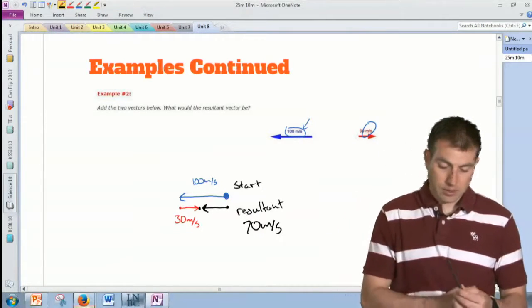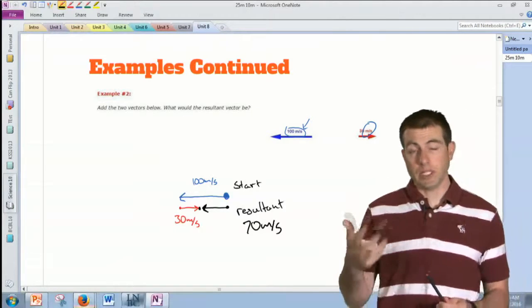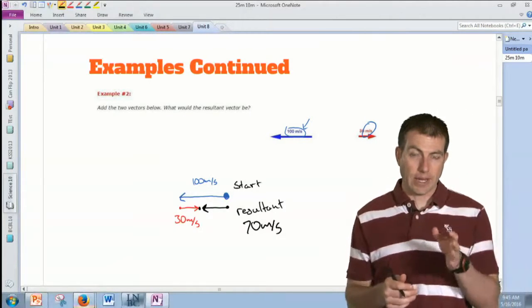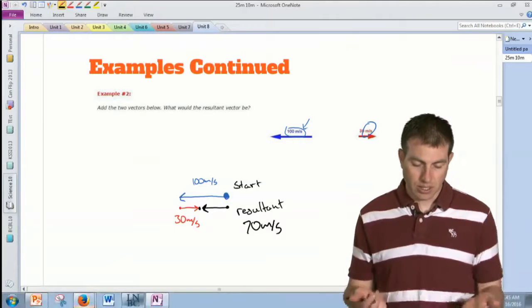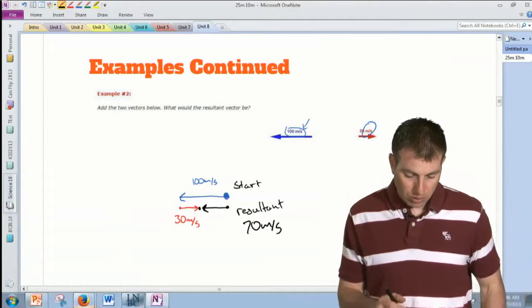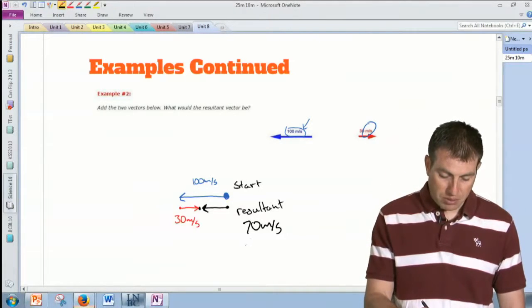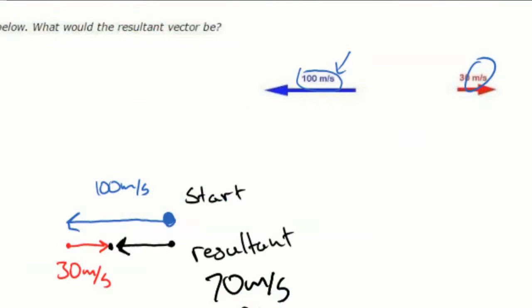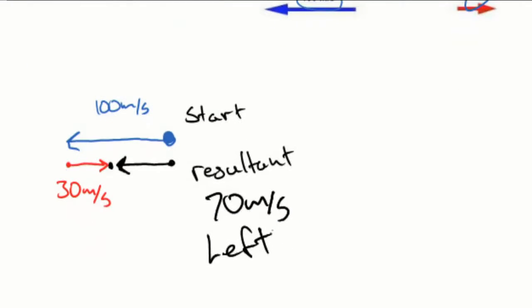So in this case, we have 70 meters per second, and our resultant black arrow is pointing to the left. That's all we really know about it. So the resultant is 70 meters per second to the left, or just 70 meters per second left. And that is describing this black arrow that we had here.